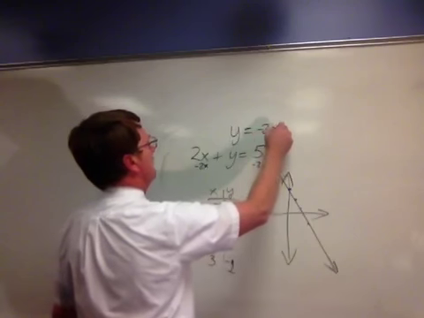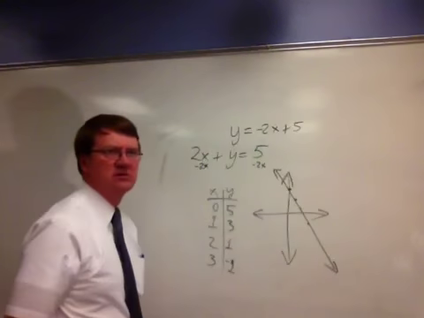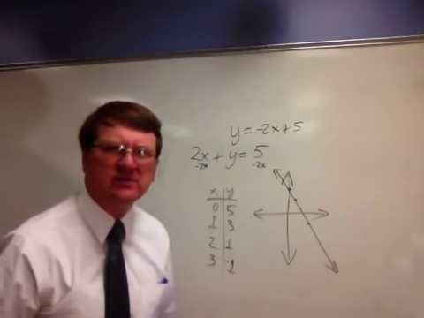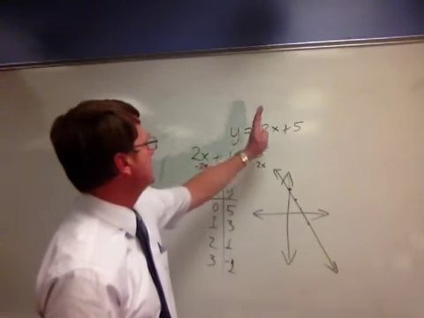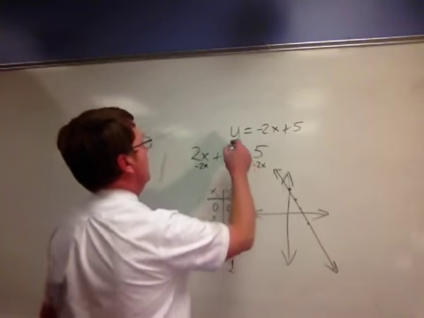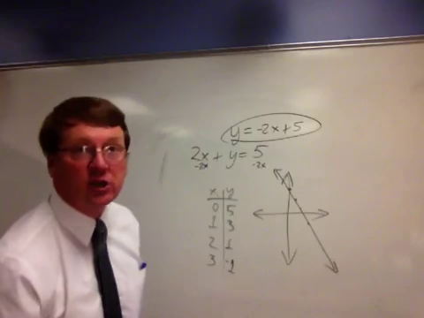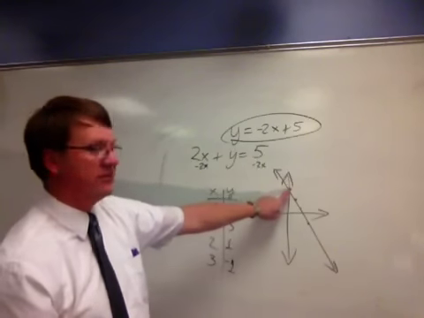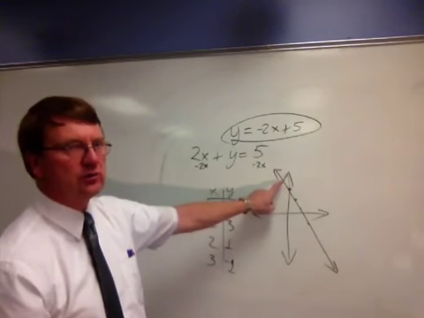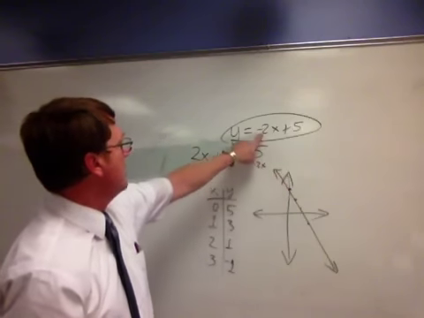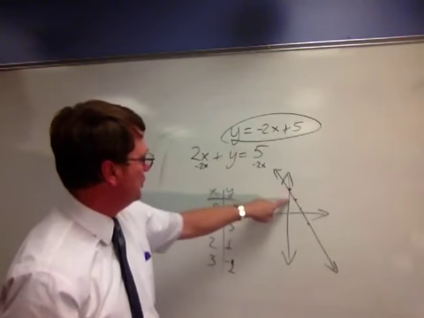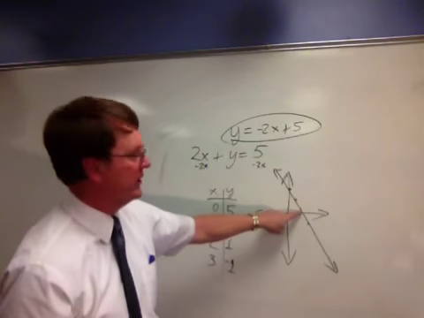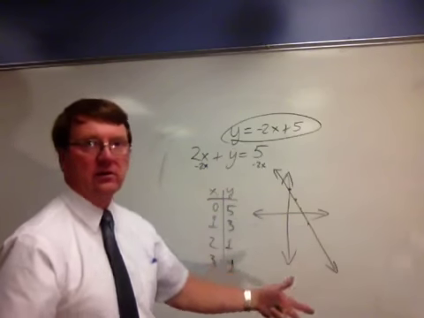It's negative 2x plus 5. Well, why didn't I put 5 minus 2x? Because it's y equals mx plus b. What is the intercept? 0, 5. That's a crucial point. That's where it all begins. From there it goes down 2 over 1, down 2 over 1, down 2 over 1.